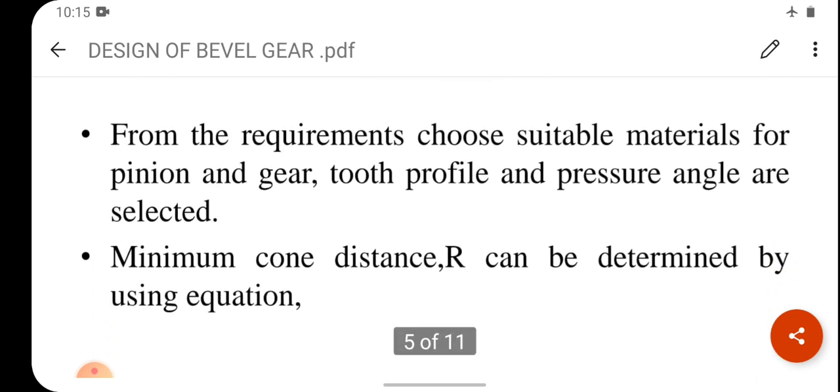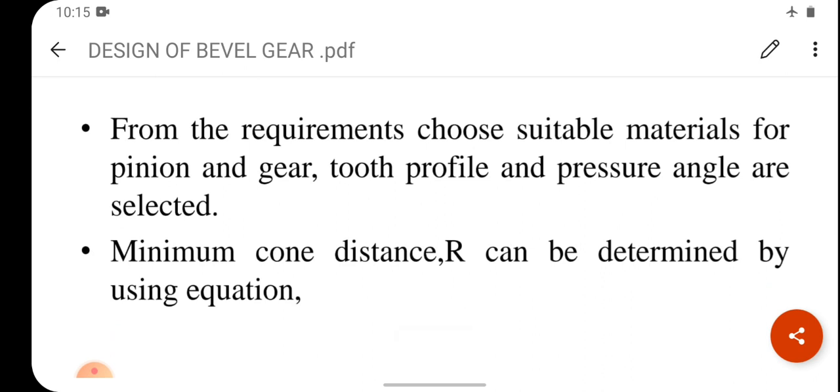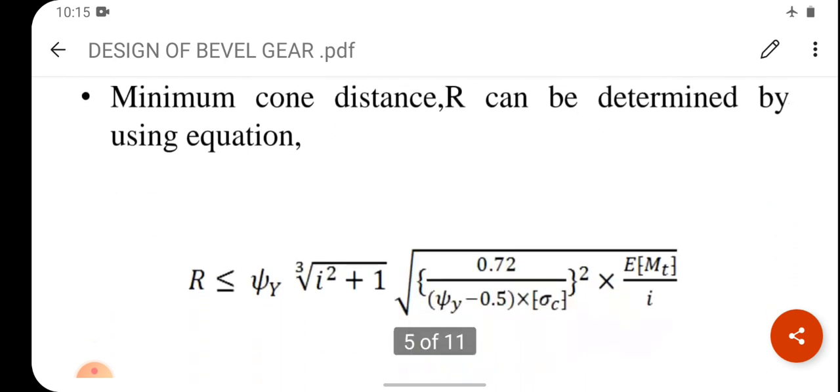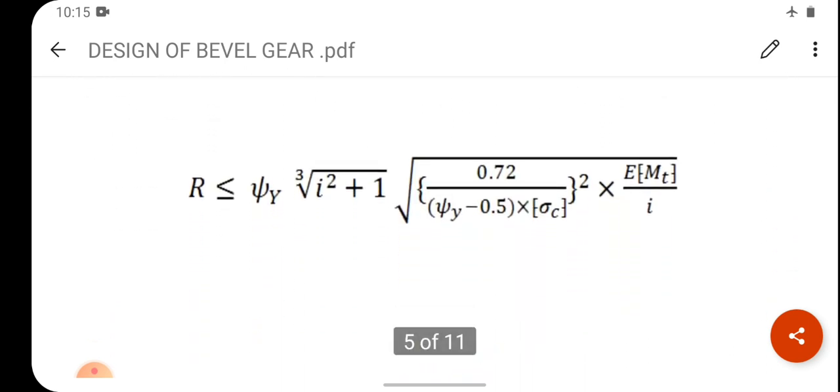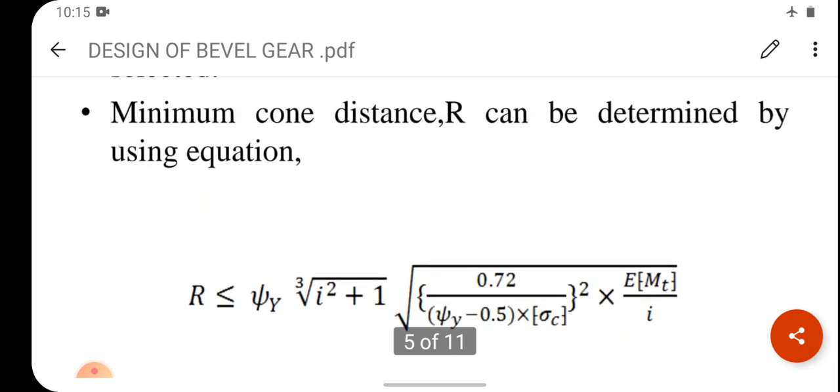per requirements. Minimum cone distance, which is denoted by R, can be determined by using this equation. This is the equation to find R. Clear?